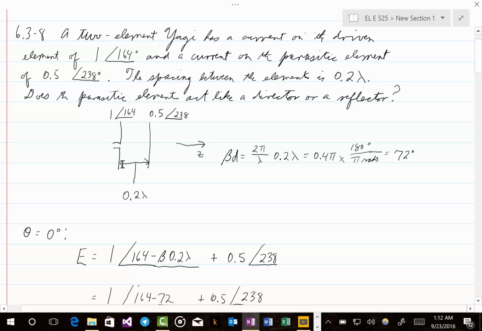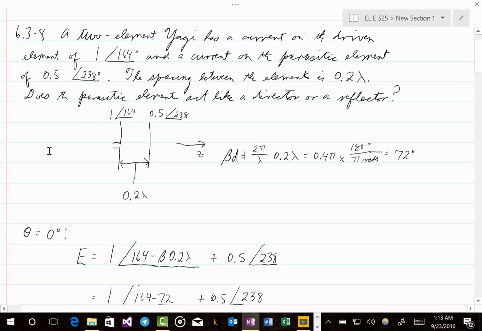It's directing the wave from the driven element in the direction that the director lies with respect to the driven element. In other words, the parasitic element is to the right of the driven element, and it is directing the wave to the right. That's our conclusion if the amplitude in the 0 degree direction is larger than the amplitude in the 180 degree direction.